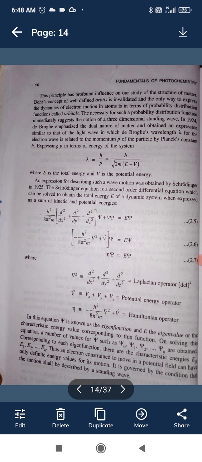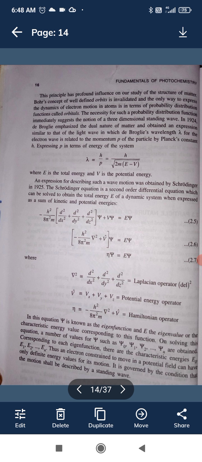The Schrödinger equation is a second order differential equation which can be solved to obtain the total energy of a dynamic system when expressed as a sum of kinetic and potential energies. That is, −(h²/8π²m)(∂²/∂x² + ∂²/∂y² + ∂²/∂z²)ψ + Vψ = Eψ.